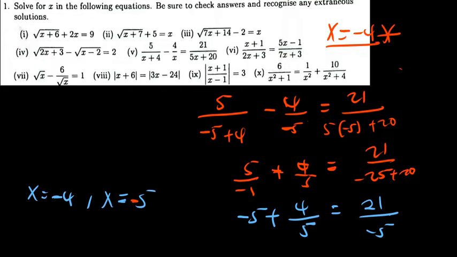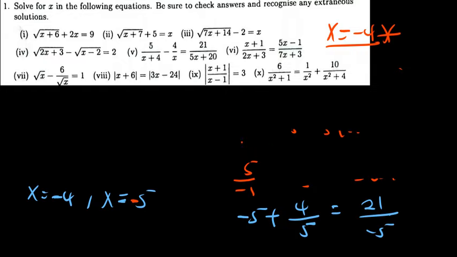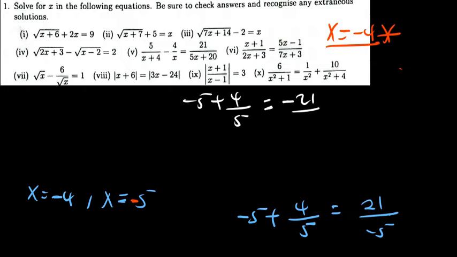So let's see. On the left hand side, we need to come up with 21, which is the same as negative 21 over 5. So now I have got negative 5 plus 4 over 5 is equal to negative 21 over 5. Let's see.